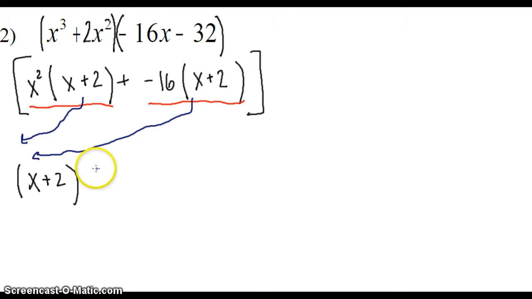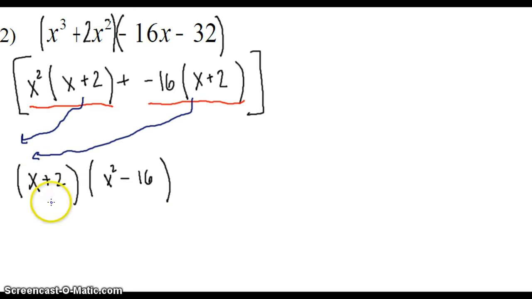And what I have left is, if I take an x plus 2 out of here, I have x squared left. So I have x squared. If I take an x plus 2 out of this red factor here, I have a negative 16 left. So I have x squared minus 16.